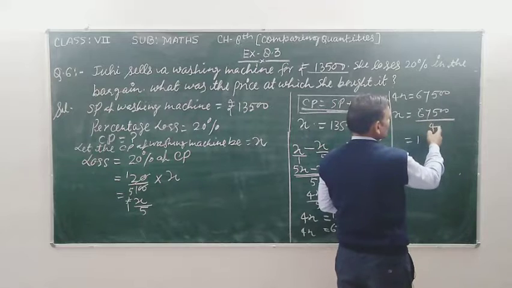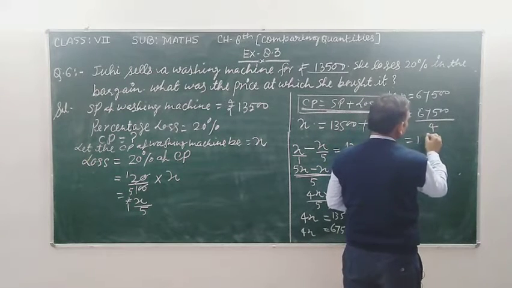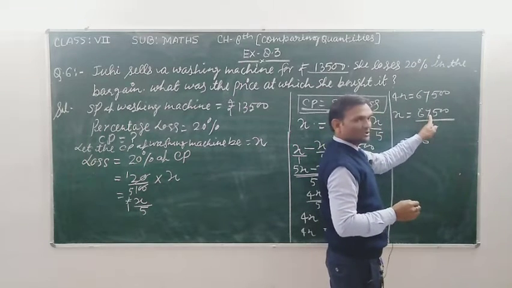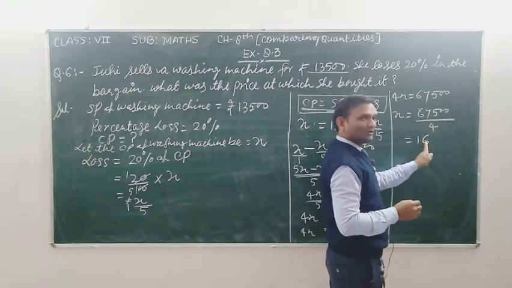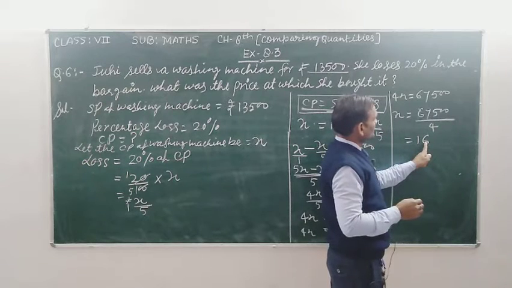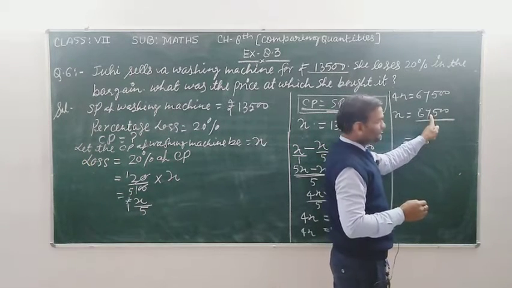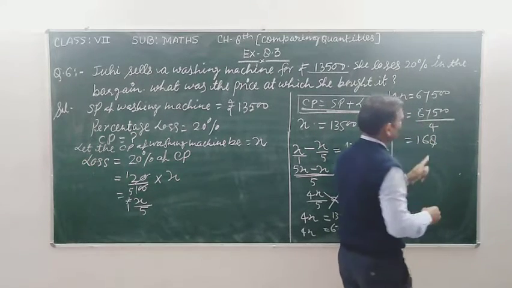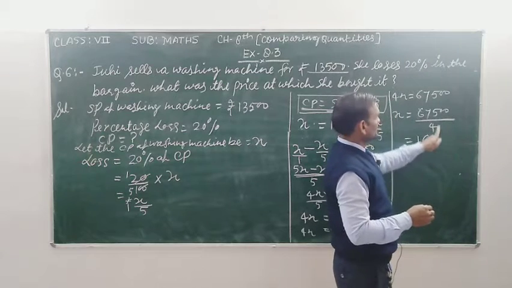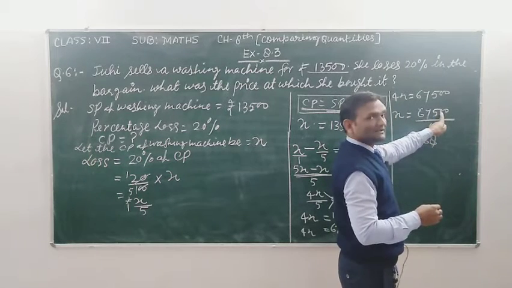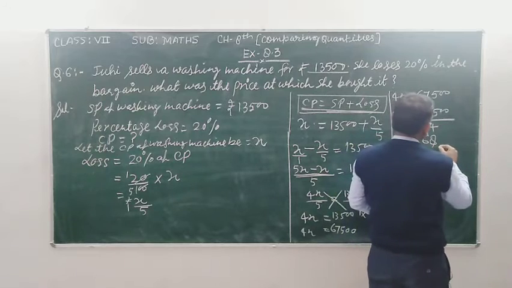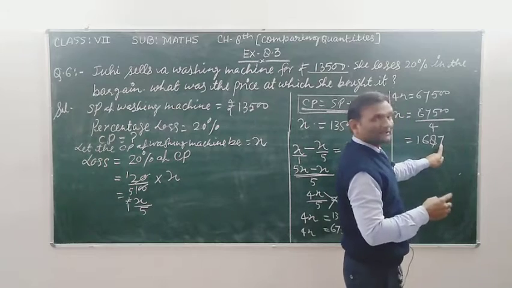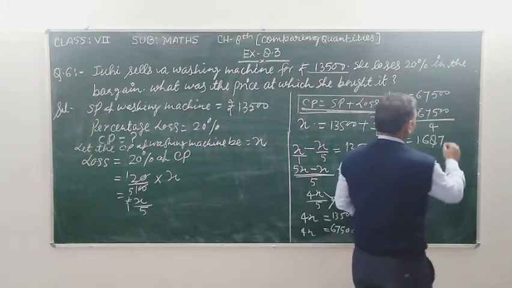New dividend, 4 sixes are 24, 3 left here, that is 35, 4 eights are 32, 3 left here, that is 30, and 4 sevens are 28, 2 left here, that is 20, 4 fives are 20.